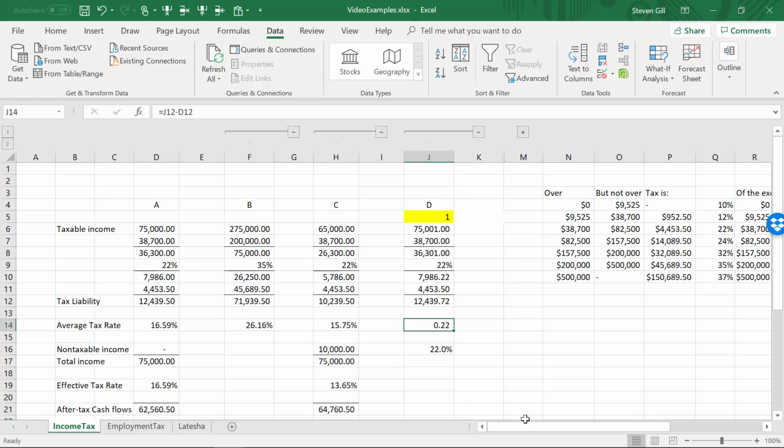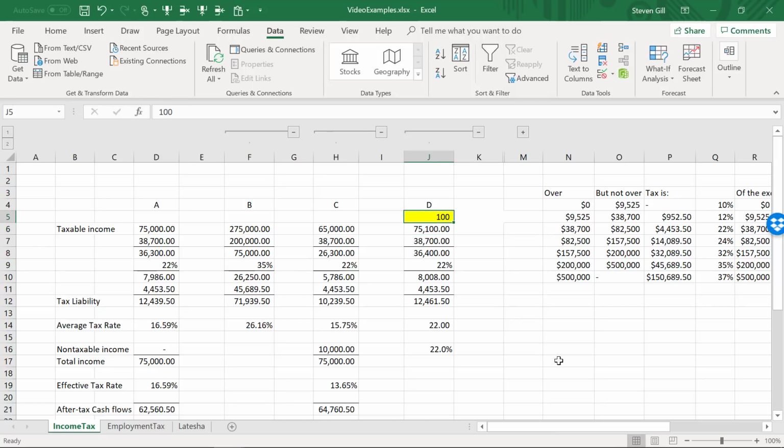The difference between his original tax and his current tax is 22 cents. Why is that? That dollar is taxed at 22%. Again, that is his marginal tax rate. Well, what if it were $2? You can see that with each dollar we increase it, it's multiplied by 22%.